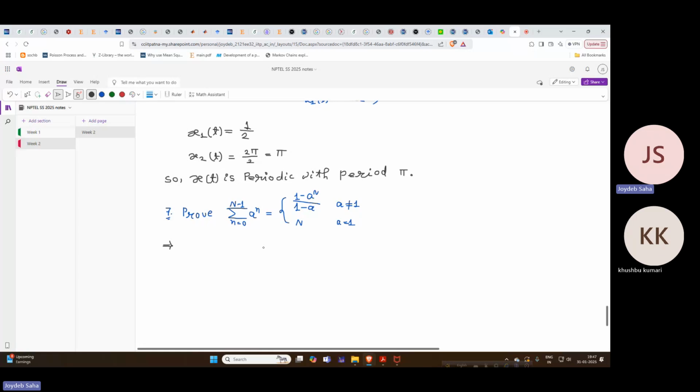Okay. First we will start with a is equal to 1. It is simple n, right?